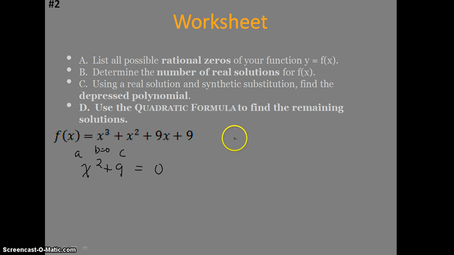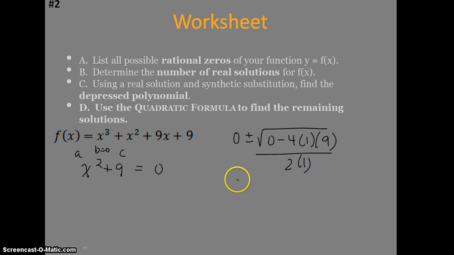Okay? So the opposite of B would still be 0, plus or minus the square root of B squared minus 4 times A times C, all over 2 times A, which equals 0 plus or minus the square root of -36 over 2, which is the same as plus or minus 6i over 2, which leaves us with plus or minus 3i.